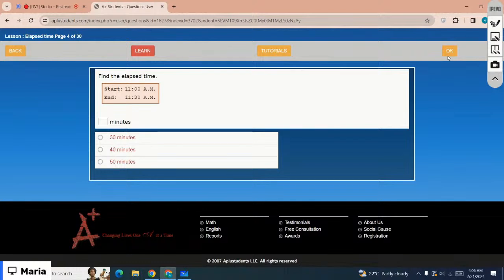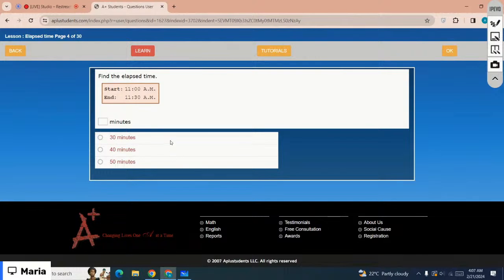The next one is find the elapsed time. 11 a.m. is the start time and end time is 11:30. So which is the correct option? Yes, the correct option is again 30 minutes.